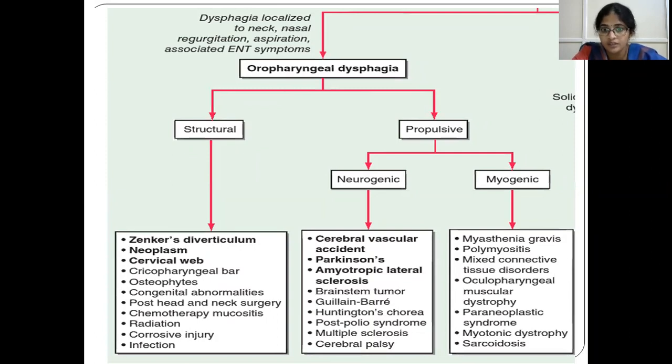Neurogenic causes are CVA, Parkinson's, amyotrophic lateral sclerosis, brainstem tumor, GBS, Huntington's chorea, post-polio syndrome, multiple sclerosis, cerebral palsy. These are the causes of neurogenic oropharyngeal dysphagia. Myasthenia gravis, polymyositis, mixed connective tissue disorders, oculopharyngeal muscular dystrophy, paraneoplastic syndromes, myotonic dystrophy, sarcoidosis are the myogenic propulsive oropharyngeal dysphagia.